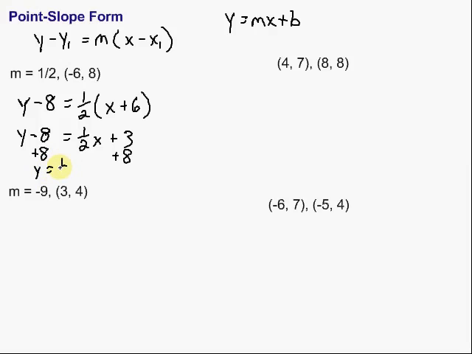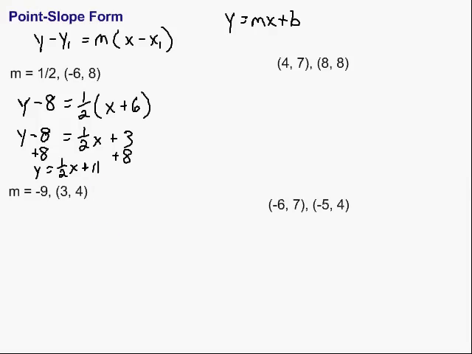We get y equals 1/2 x, and then 3 plus 8 is 11. So then we can use that equation and graph it if we'd like. But the key is that we've written an equation both in point-slope form right here, and then we changed it to slope-intercept form with a line with a slope of 1/2 through the point -6, 8.